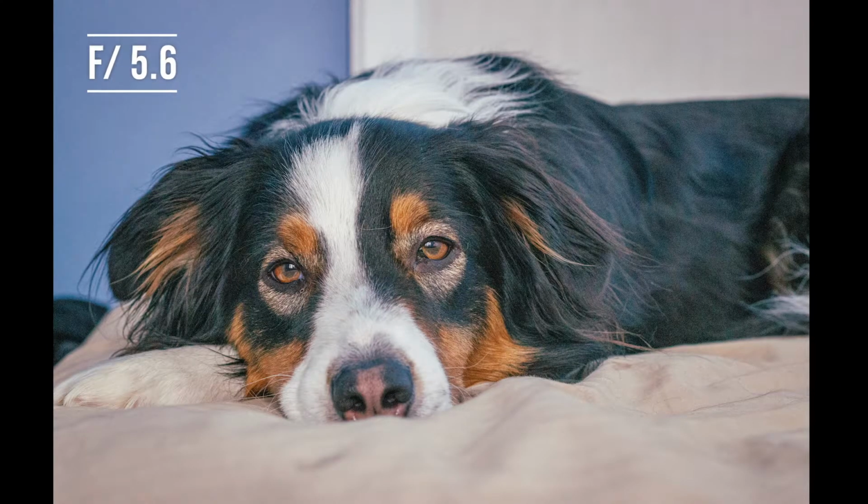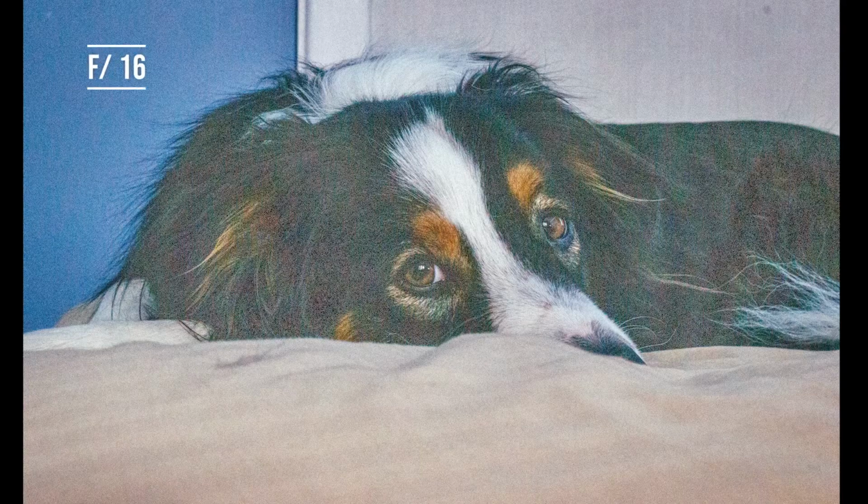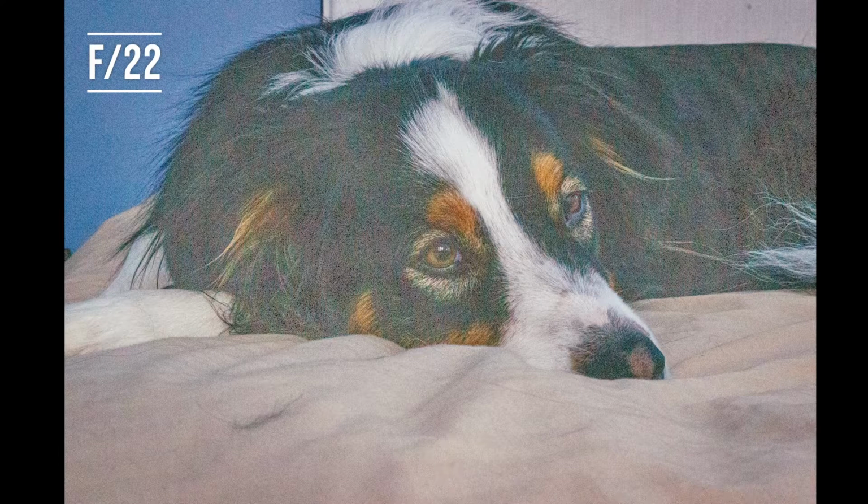So at f5.6 you can see that the background is starting to become a bit sharper. At f8 you can see that the subject is a bit sharper and the background is becoming sharper. At f16 you can see that basically the whole image is pretty sharp. So at the highest my f-stop could go, you could see that the whole image is sharp, the sharpest it could be.